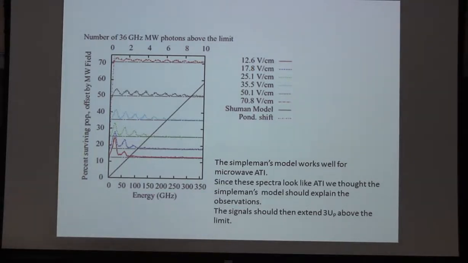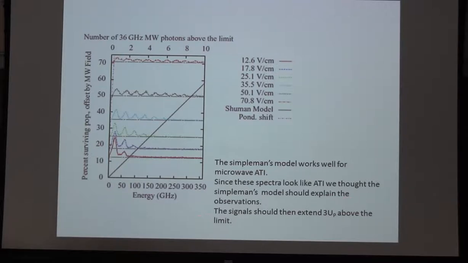So our initial thoughts on this subject were that the simple man's model of ATI works fantastically well for microwave ATI. Everything about it works fine. So when you first look at these spectra, it looks just like an ATI spectrum, and so you try to use the simple man's model to explain this.